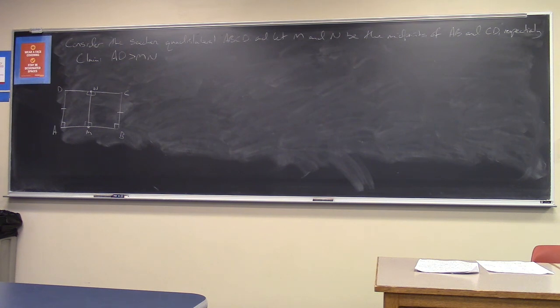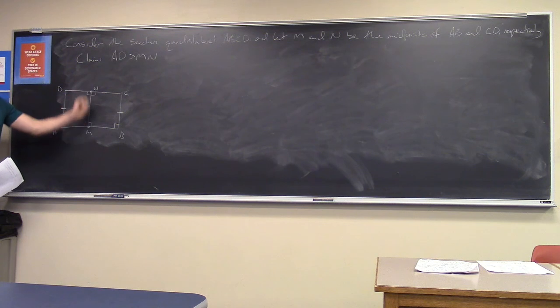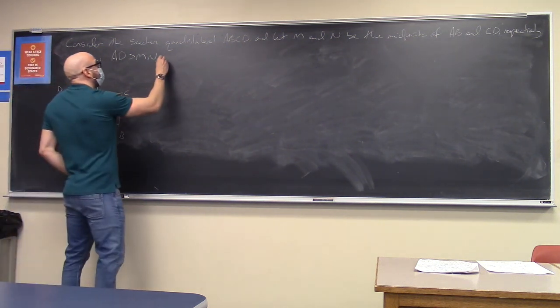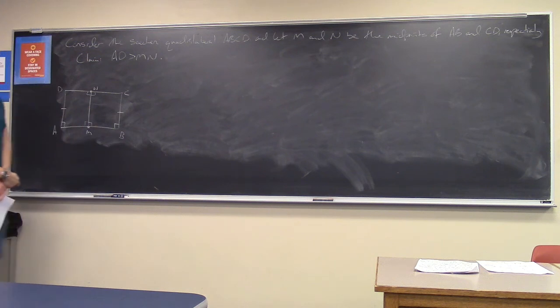This side must be longer than this segment joining the midpoints. Again, if they're equal, what happens? If they're equal, this is a right angle, so I've got rectangles, so that can't happen. You just have to show it can't really be greater. But in any case, we'll prove this next time, so we'll just accept that for what we're doing.